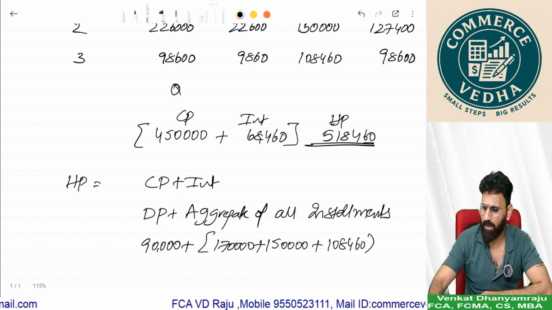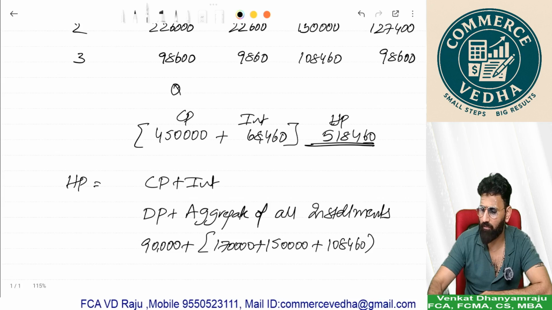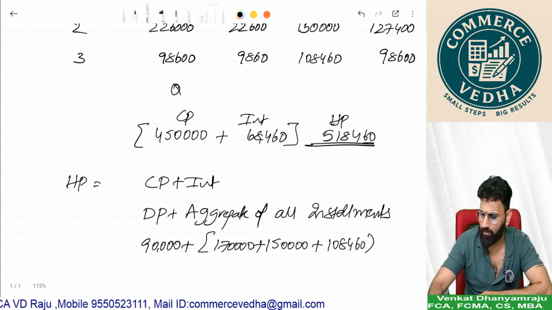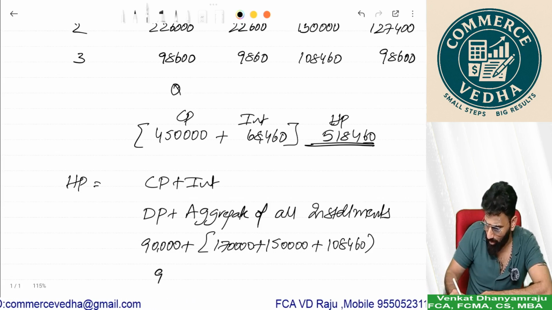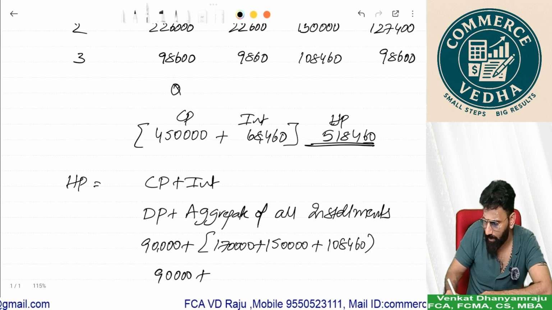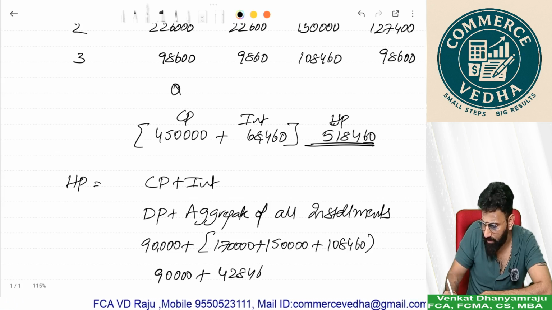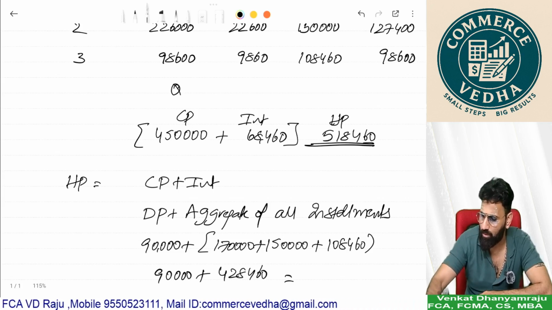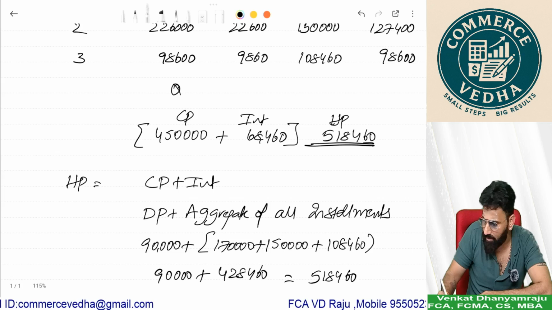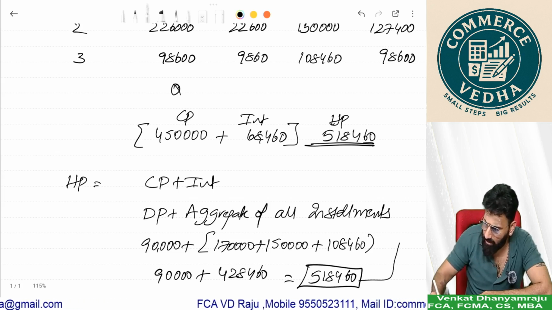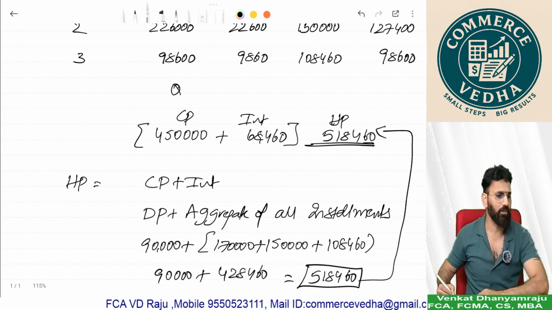So 1,70,000 plus 1,50,000 plus 108,460 is 428,460. 90,000 plus 428,460 equals 518,460, which is the same as the other definition.